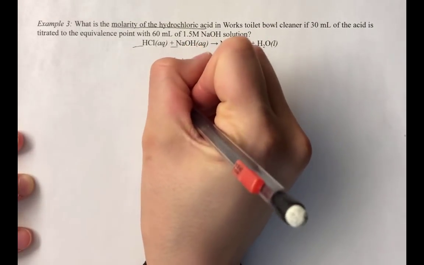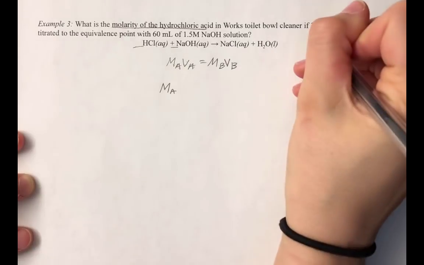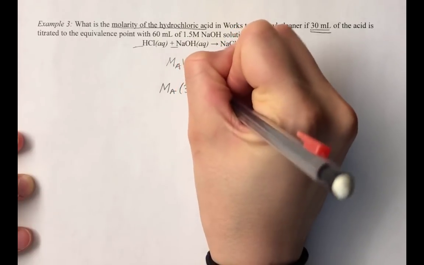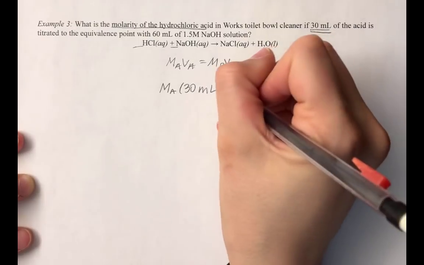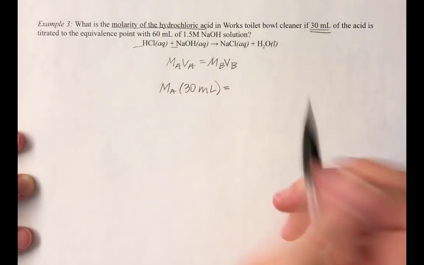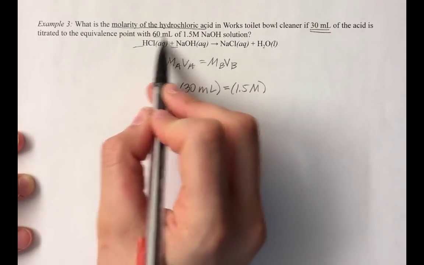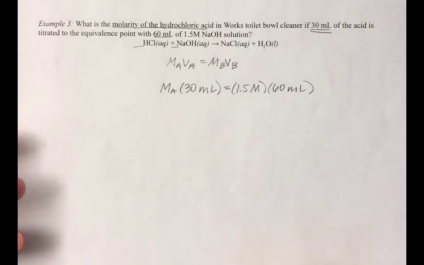I am trying to find molarity of the acid, so that's going to be my unknown. Volume of the acid is 30 milliliters. Now, as long as your volumes are in the same unit, you can keep them like they're given. So 30 milliliters. Molarity of the base, 1.5 molar. Volume of the base, 60 milliliters. Notice they're both in milliliters, so that's fine.